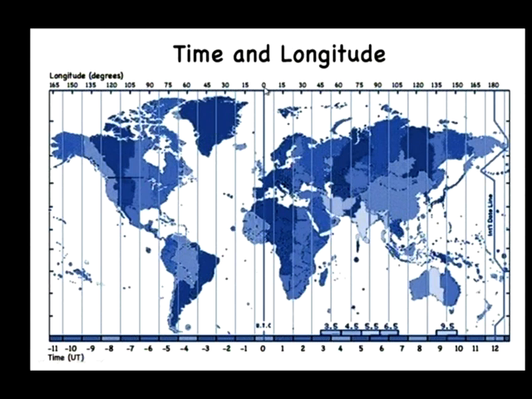The distance between one time zone and the next is 15 degrees of longitude, and the difference between one time zone and the next is 1 hour. So countries which span a large number of longitudes may divide their country into more convenient time zones, but with the distance of 1 hour from one time zone to the next.